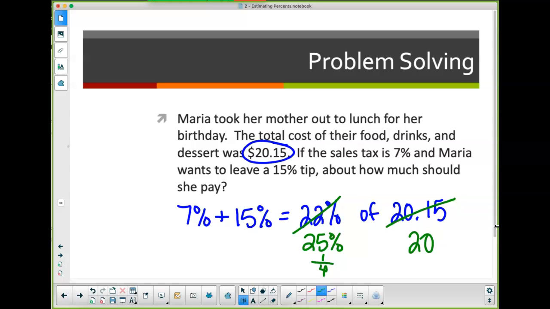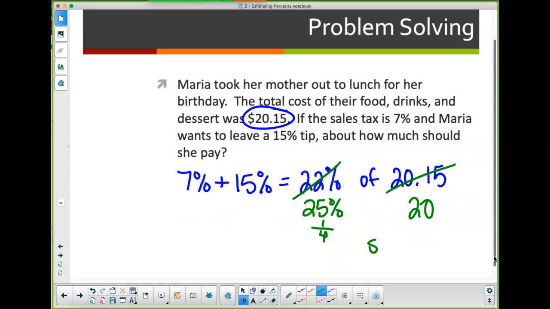Cassidy? 5. So $5 is what she would need for the tip and tax combined. Is that what she should leave total? How much money would she need to leave all together? About how much?